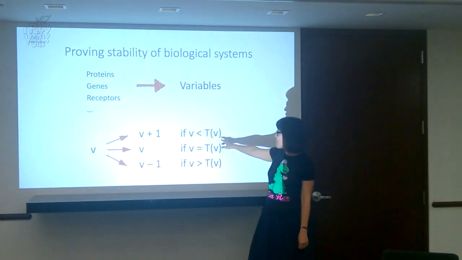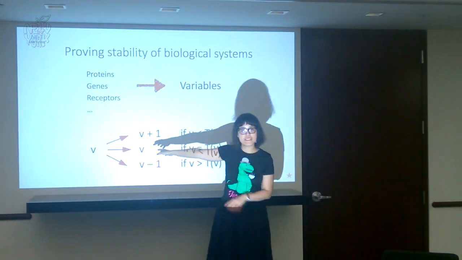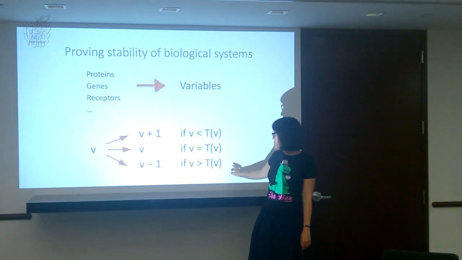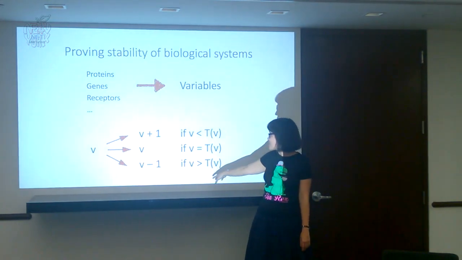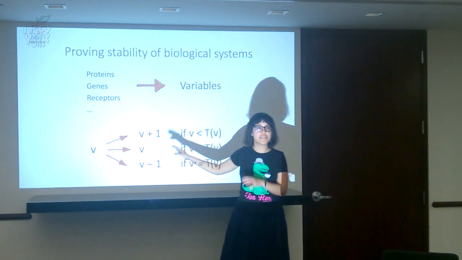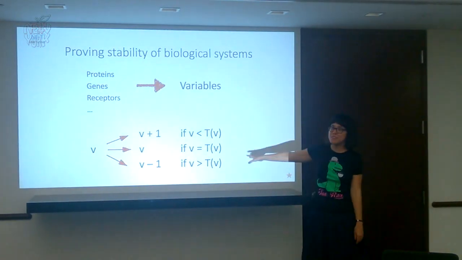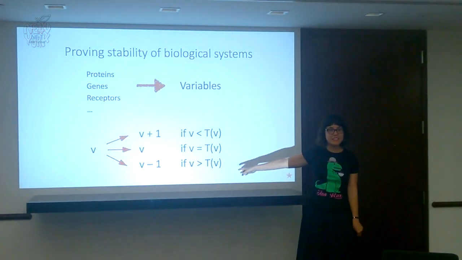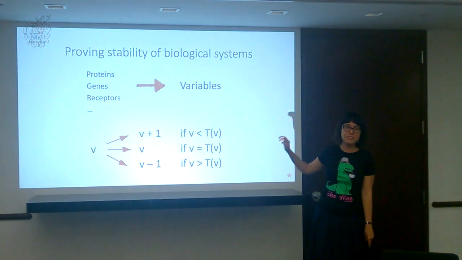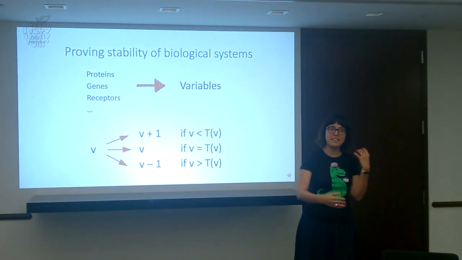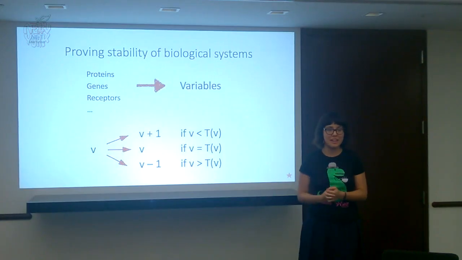And if it's smaller than the target value, we will increase the gene expression. And if it's larger than its target value, we will decrease the expression. And we can define the state of the biological system using these formulas. And we can run the solver, and that will give us the next state. And we can iterate this until the system stabilizes.